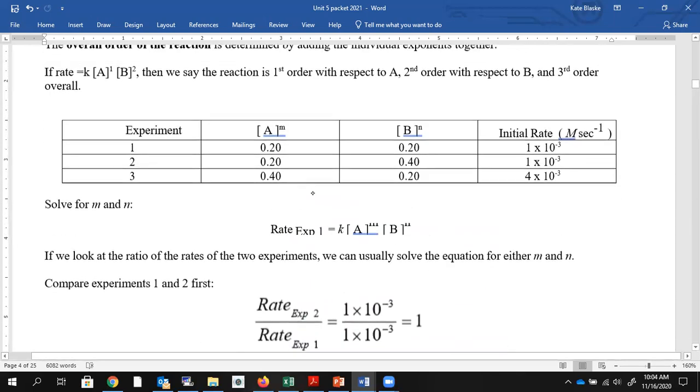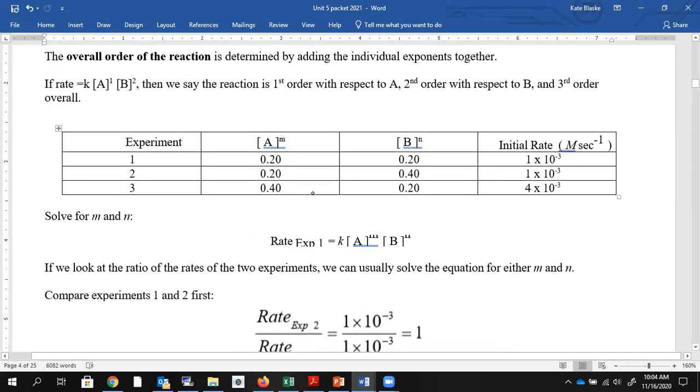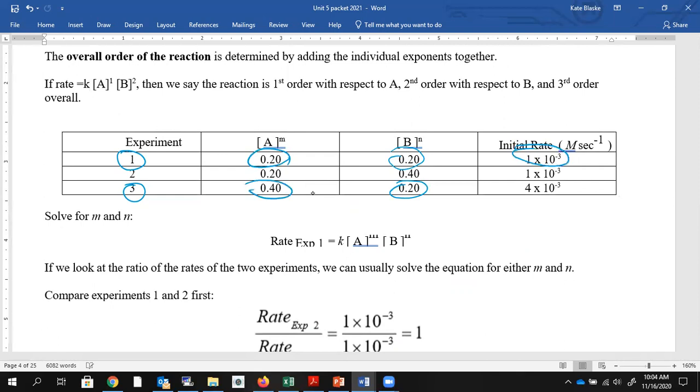Again, we could look at the experiments and just look at some comparisons. If I look at experiments 1 and 3, the concentration of B is constant, concentration of A doubled, and my rate went up by a factor of 4.